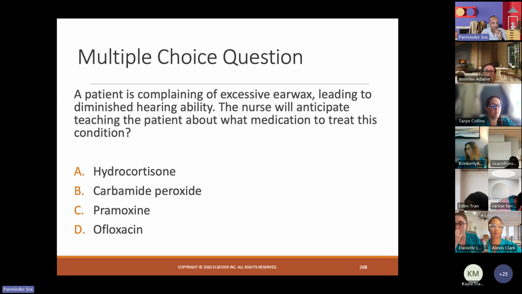Okay, looks like everybody's going with option B, which is the correct one. Carbamide peroxide, Debrox. Softens the earwax by releasing oxygen, breaking it down. Okay, well done.